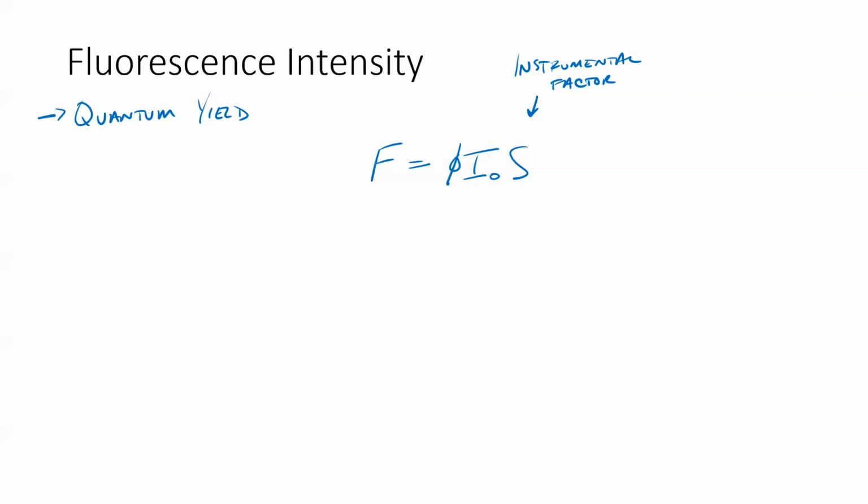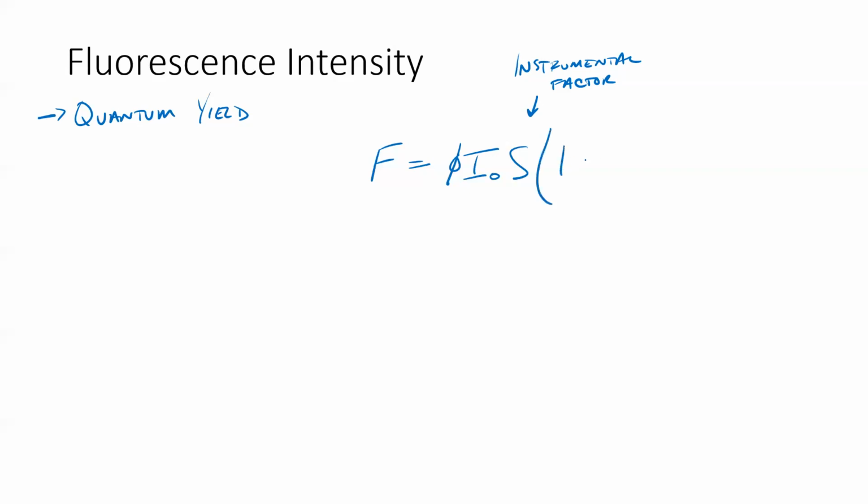And so in either of those cases, we don't really need to know S. In the arbitrary unit case, because who cares what the units are, you can roll S into that if you want to. And in the relative case, if we're going to do division to find the relative intensities, then the S will cancel out. And so often we don't need to know S, but it's good to know that it is there.